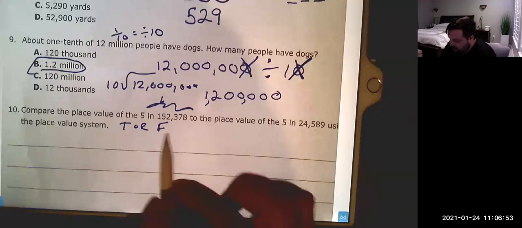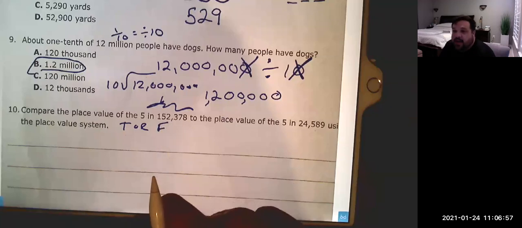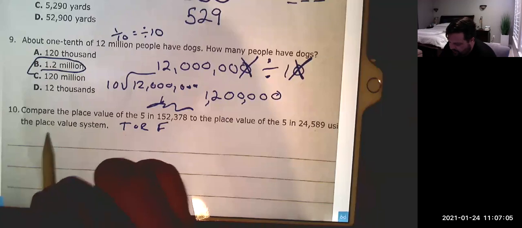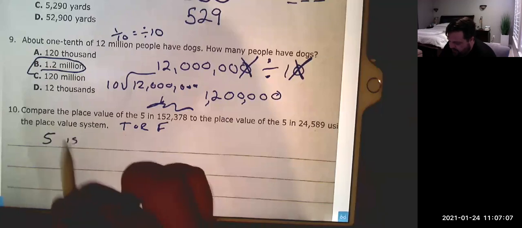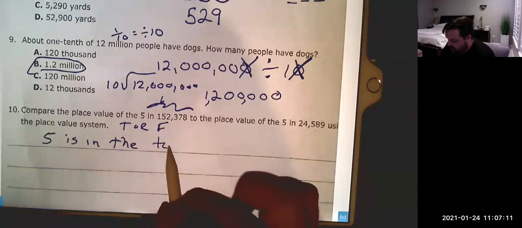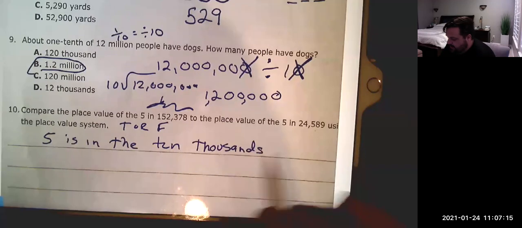Okay, so when we look at 152,378, I just said it out loud, right? The 5 is at 152,000. So in the first one, the 5 is in the 10,000s place.